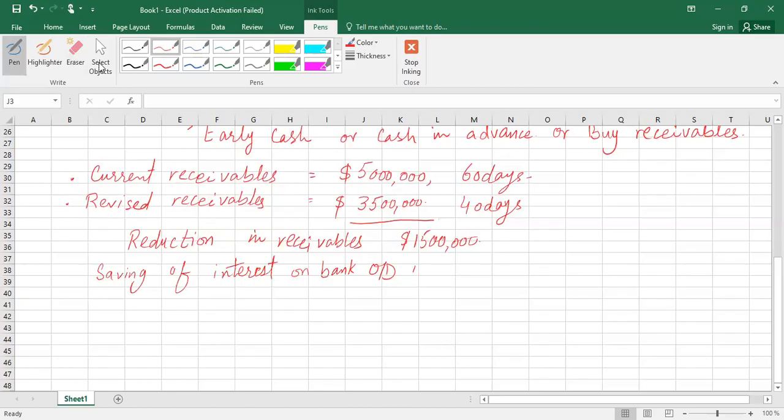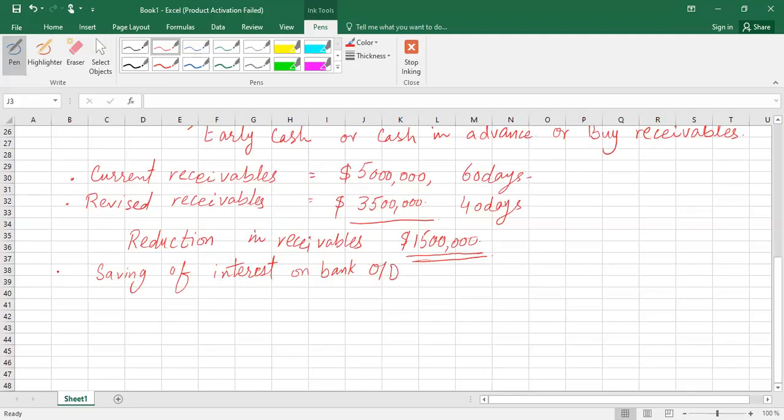As I told you earlier and in the last class, the company doesn't have enough cash to finance working capital activities. In fact, there is no cash in working capital. So the company is financing all its receivables and inventory either from the payables or from bank overdraft. So there is a reduction of $1.5 million.